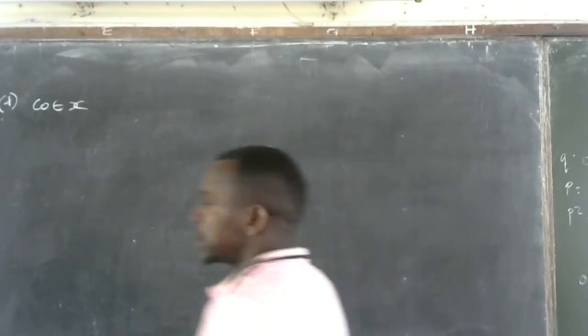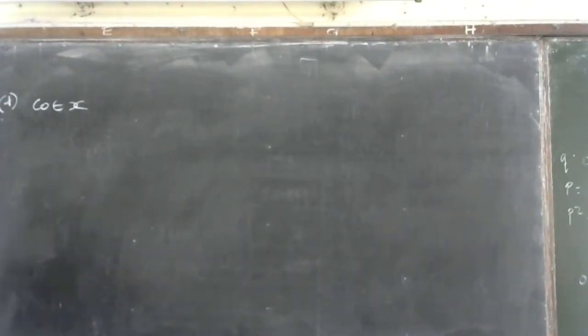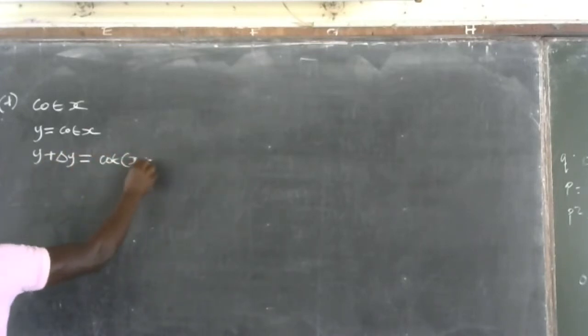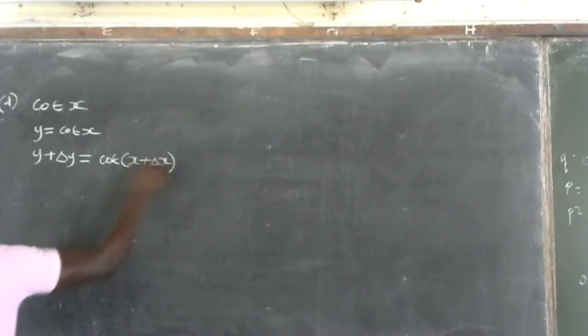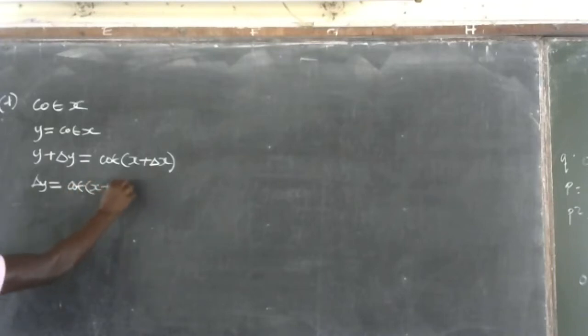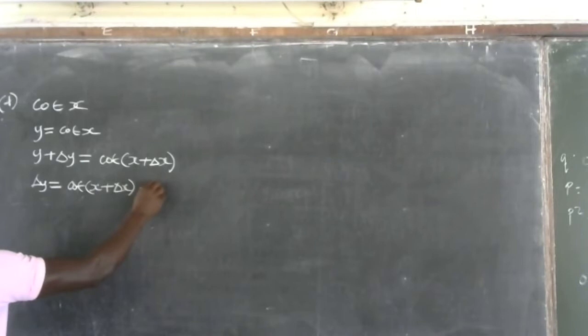Now, to differentiate cot, again, you let your y be cot of x. Now, you get y plus change in y given by cot of x plus change in x. Like that, when your change in y becomes cot of x plus change in x minus y, but your y is cot x.